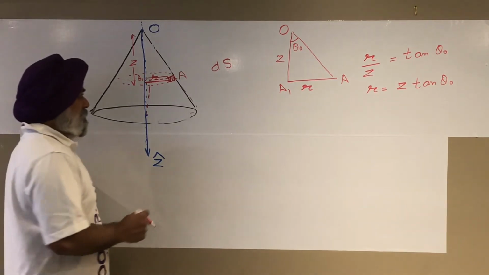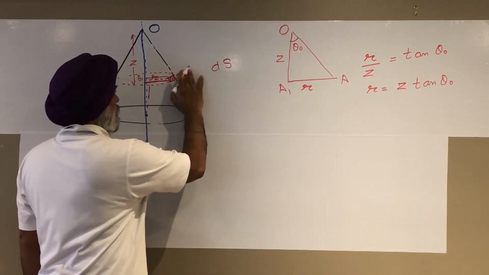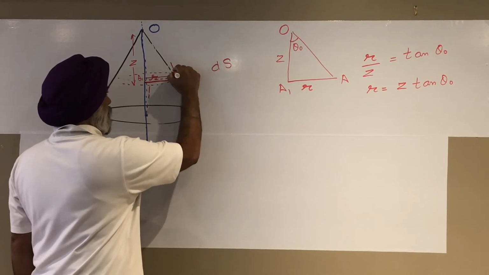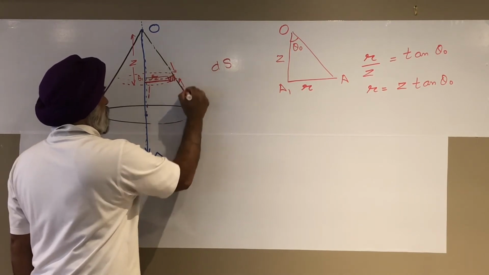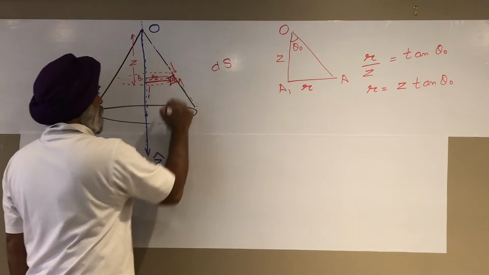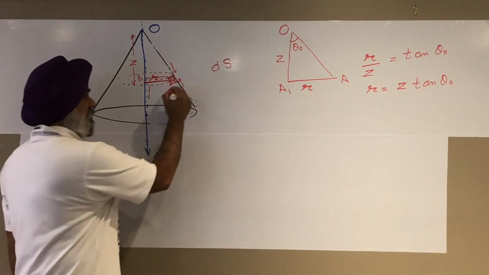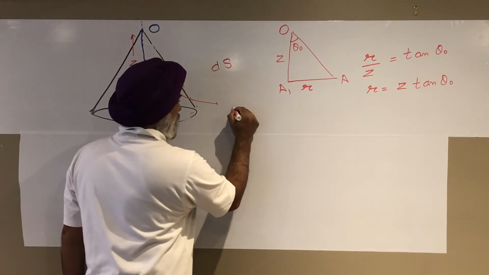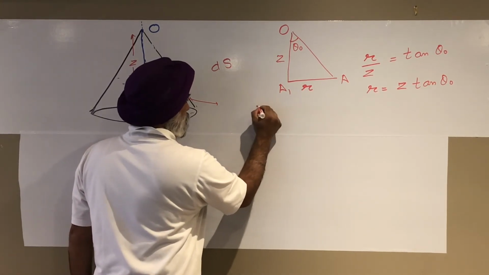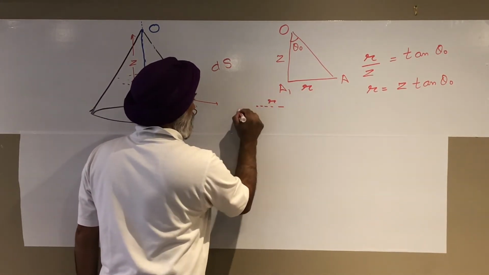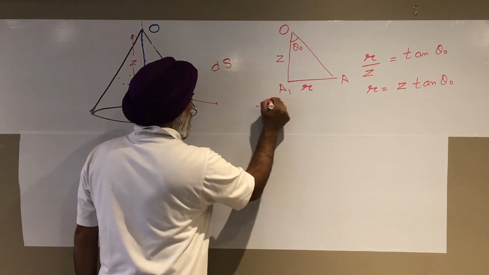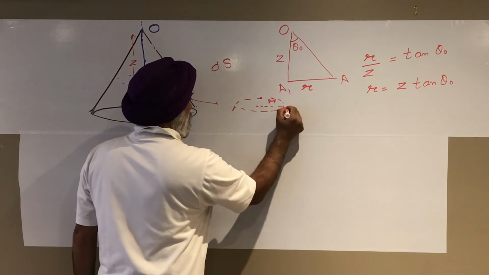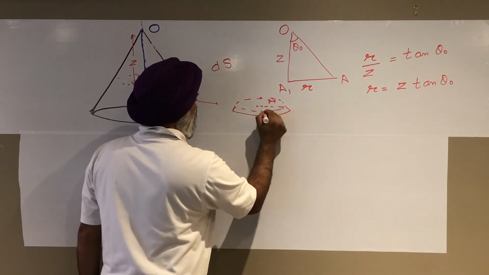We have to find ds. The ds element at that point A depends upon this length, and it depends upon the length here. This length is pretty straightforward. With respect to this origin, we are at R, and I am trying to create a disk of this element here.